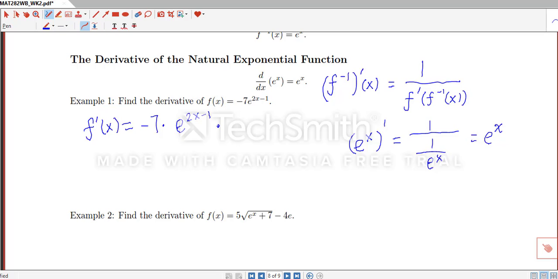Then multiply by the derivative of the inner function, 2x minus 1, we get the number 2. To simplify, we get -14 e to the 2x minus 1 as the derivative.